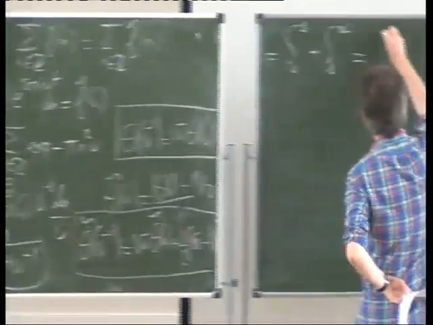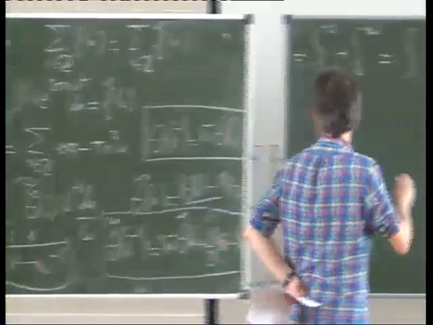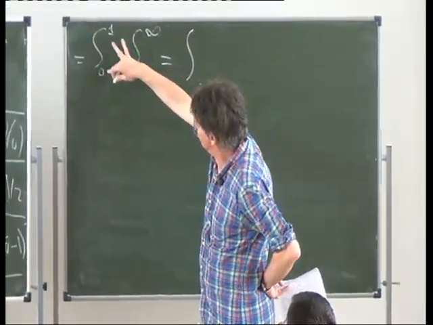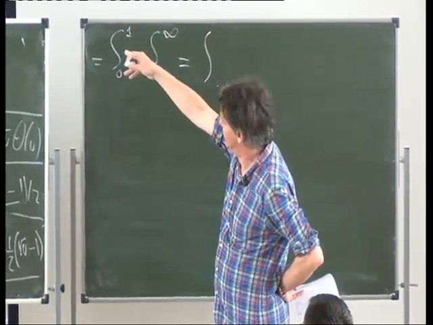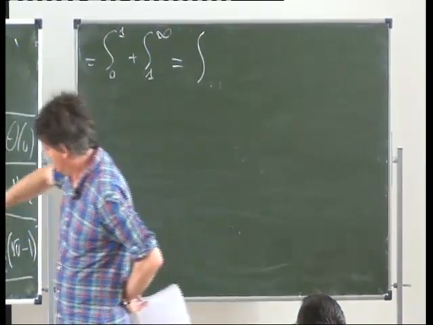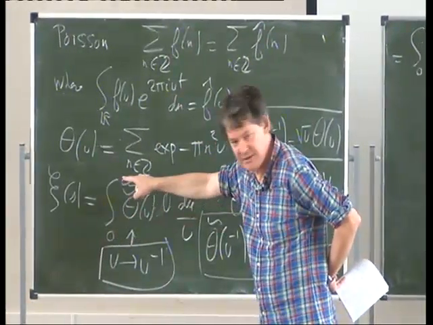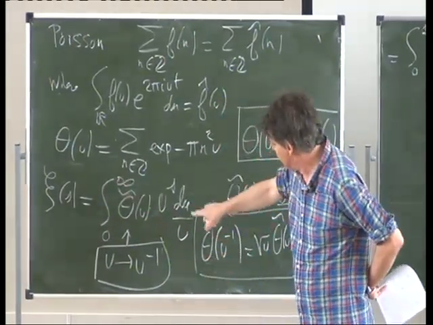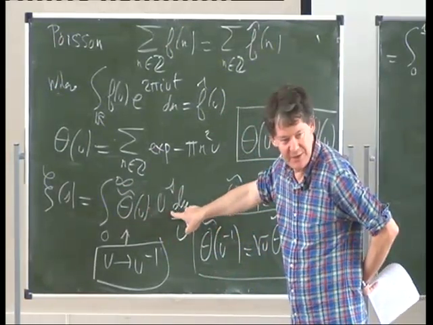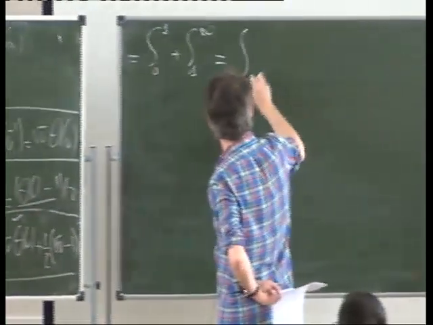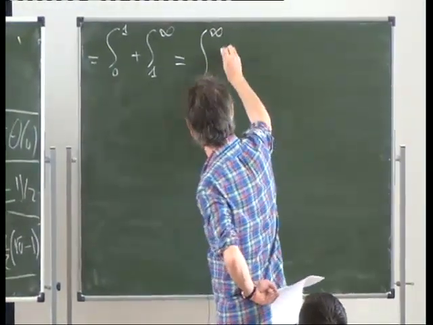If I'm going from 0 to 1 and I exchange, I get an integral from infinity to 1, but I get a sign minus, so I do both things at the same time, and I get the integral from 0 to infinity.